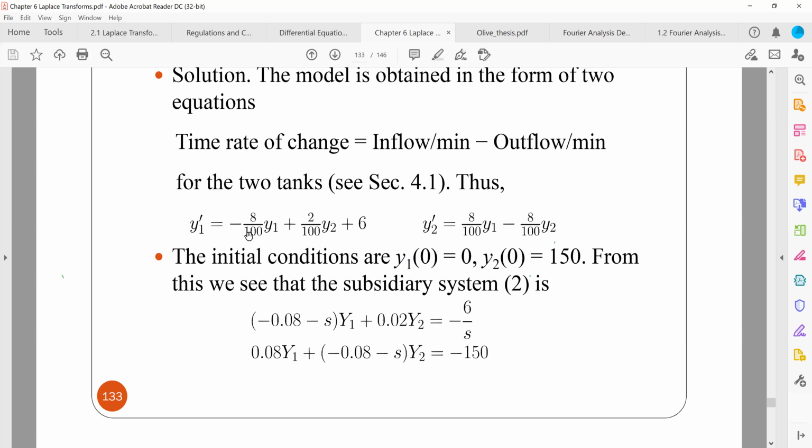Yeah, collecting like terms. So if you take the Laplace transform of this, the Laplace transform of this, the Laplace transform of everything and collecting like terms, you'll end up with this equation.